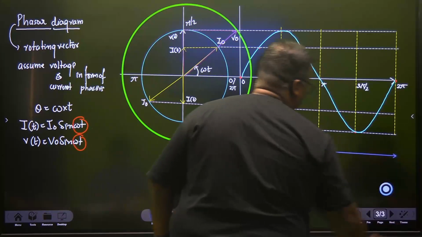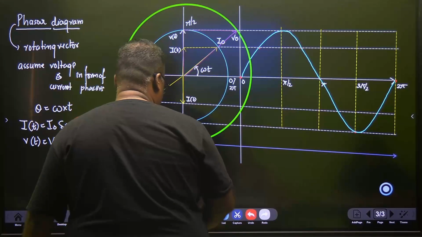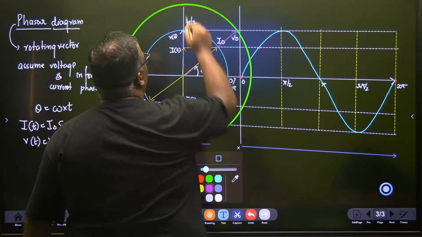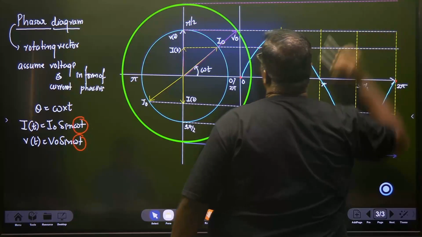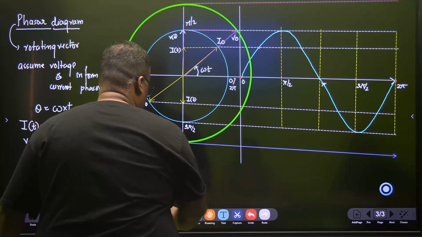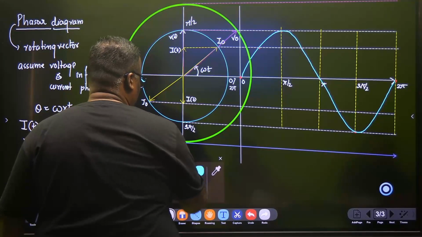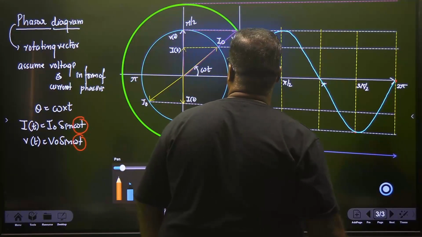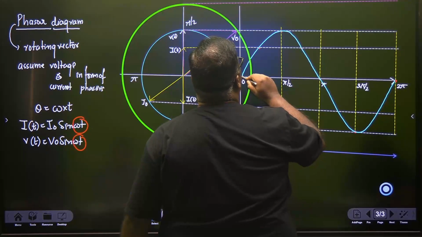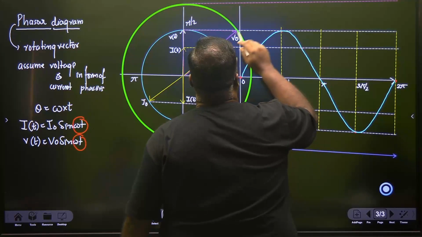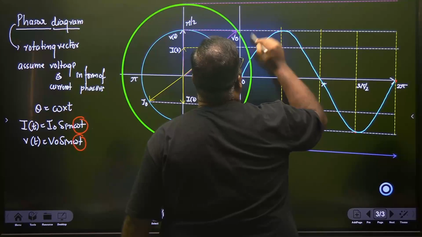And if I just remove this t, and let's say I plot one more vertical line from here. Same phase means, and I'm giving my voltage signal with this violet color itself. So how will the voltage signal go? The voltage signal will go like this, at the same time. So it has to cross through some point here.